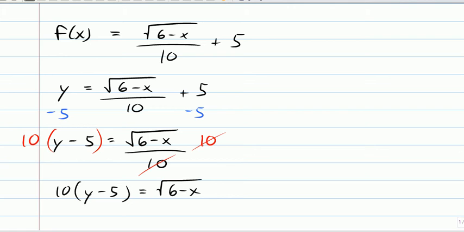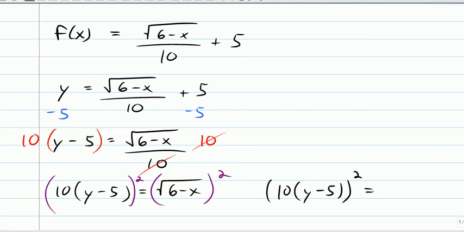Still trying to isolate x. So x is underneath the square root, so we'll square both sides. That's going to strip off the radical on the right-hand side. So right now we're dealing with 10 times the quantity y minus 5, squared, equals 6 minus x.